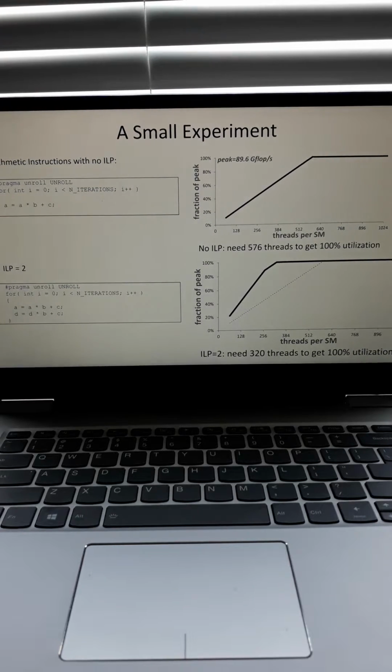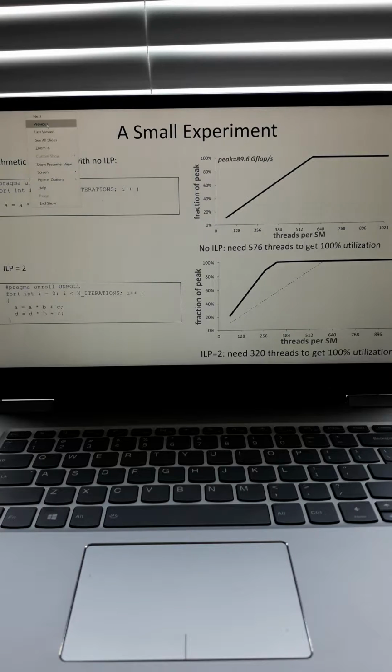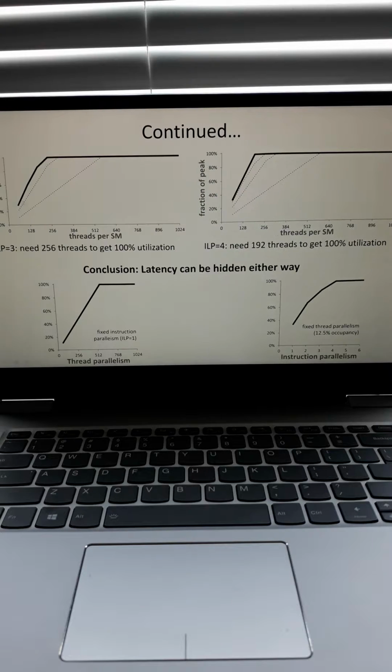Similarly, if we increase the value of ILP to 3, we see that we need only 256 threads to get 100% utilization, and when we set the value to 4, we need only 192 threads. So we can say that latency could be hidden in either way.